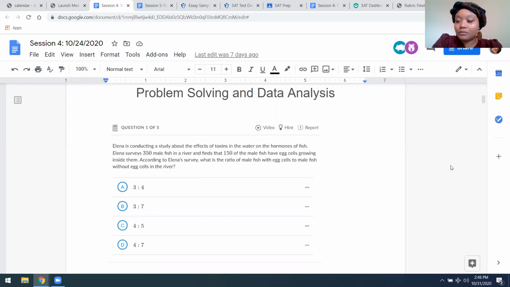So when you write on your scratch paper, it says Elena surveys 350 male fish, and then says she finds 150 of the male fish have egg cells growing inside them. When you read these questions, only mark exactly what they tell you. Don't suppose that something else is going on, or bring any outside information into these problems.